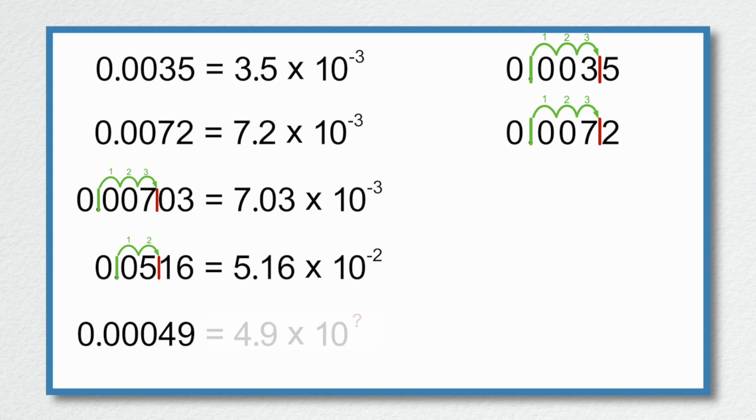So we're going to have 4.9 multiplied by 10 to the power of something. So here's our cutoff point, here's our decimal point. We count the number of moves from the decimal point to the cutoff point. 1, 2, 3, 4. So the answer is 4.9 multiplied by 10 to the power of minus 4.